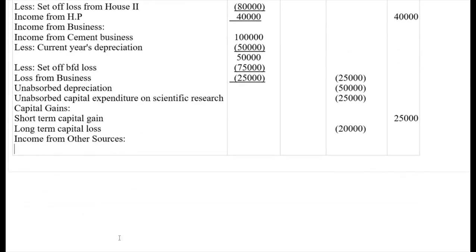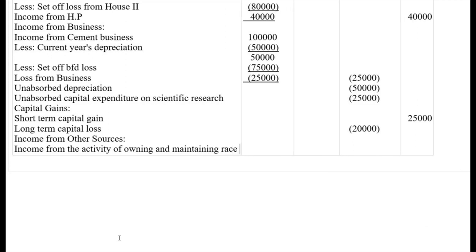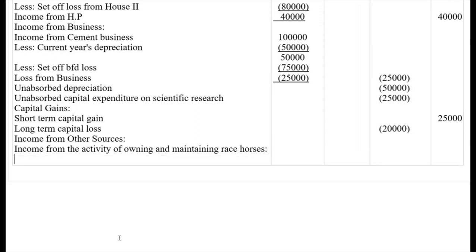So under this, income from the activity of owning and maintaining racehorse, less set off of brought forward loss from the activity of owning and maintaining. So it comes here.